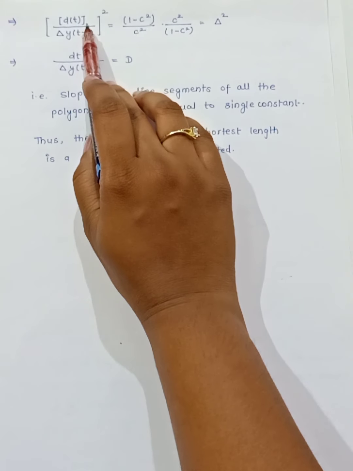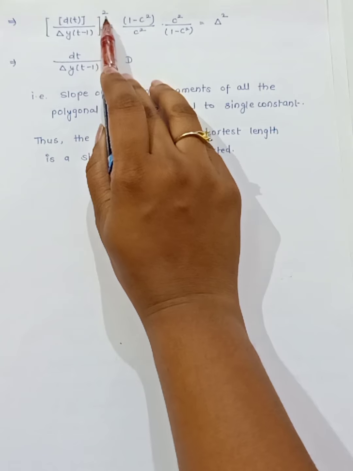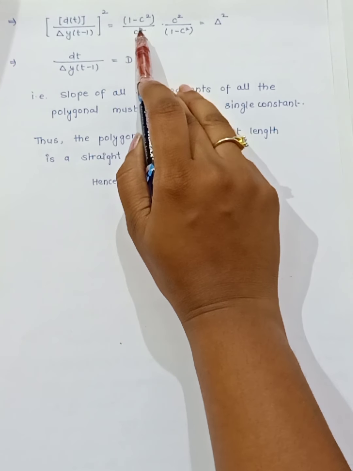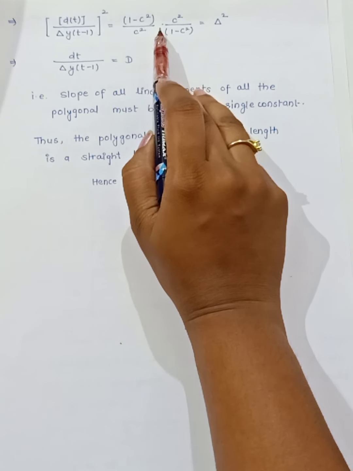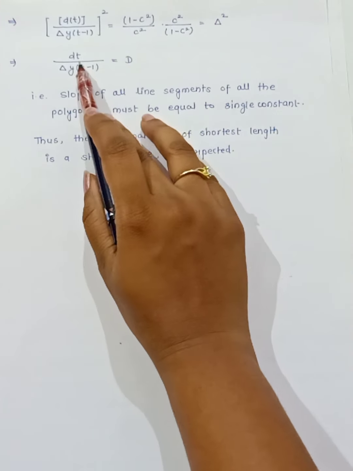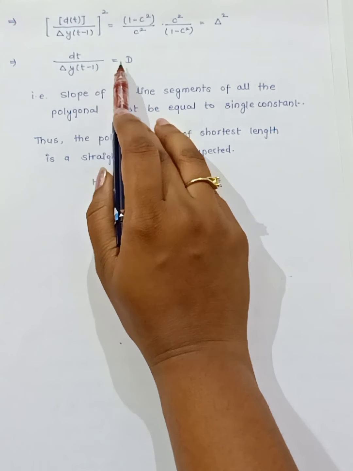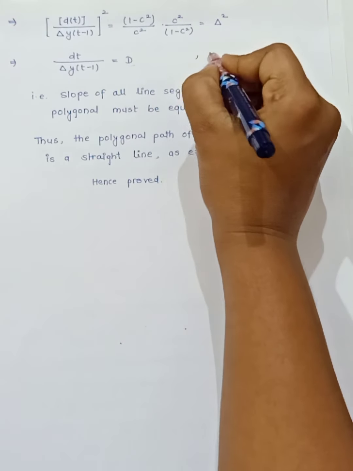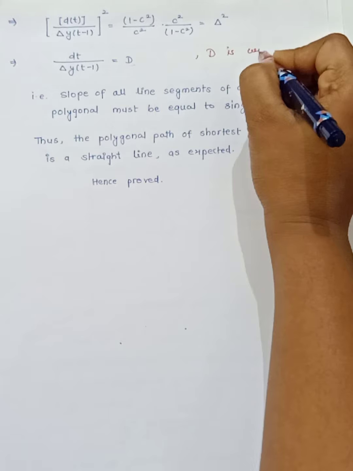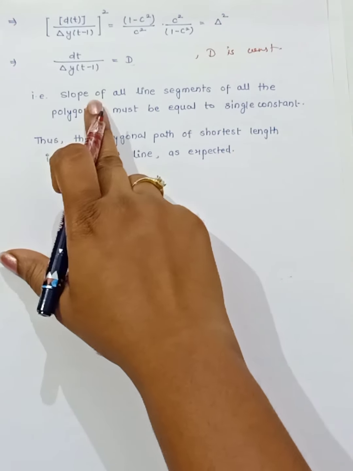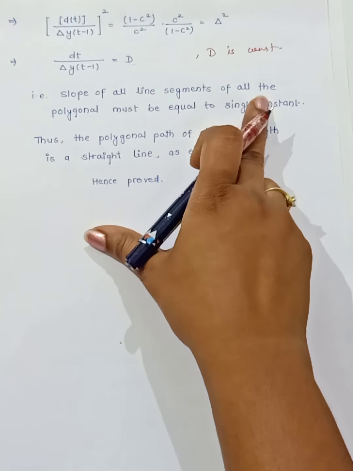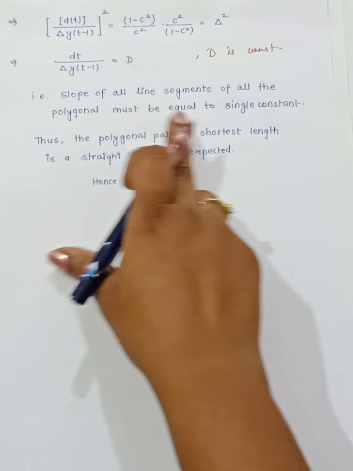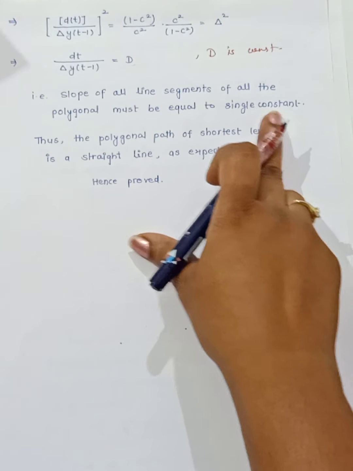So we get (dt/Δy_{t-1})² equals (1/c²)/c² into c²/(1/c²), which equals d². So that is dt upon Δy_{t-1} equals d, and this d is a constant, and that is the slope of all line segments of all the polygonal path must be equal to a single constant.